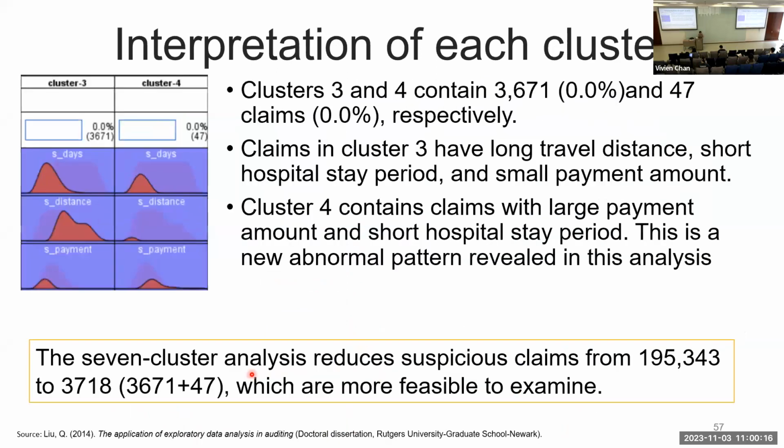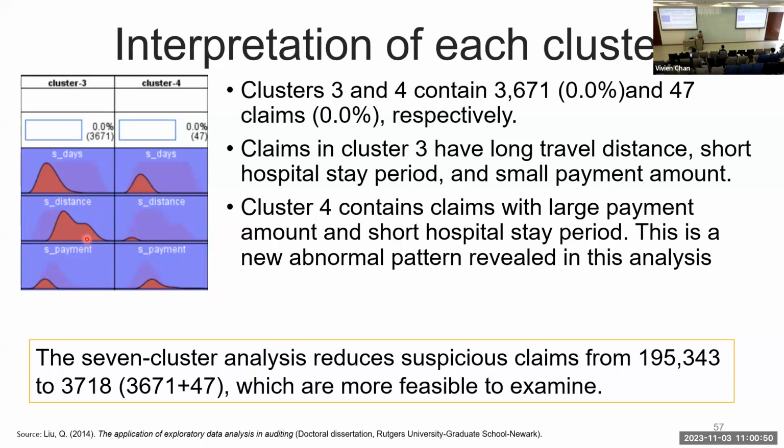So finally, the two clusters where the behavior is quite different from the previous two. For cluster 3, you can see that it is very odd because the travel distance is very long. That means the beneficiary is traveling a long distance to the hospital, selecting a hospital quite far away from home.